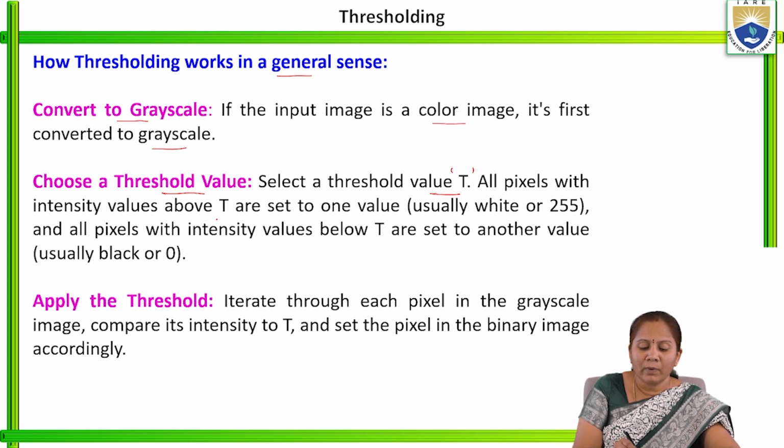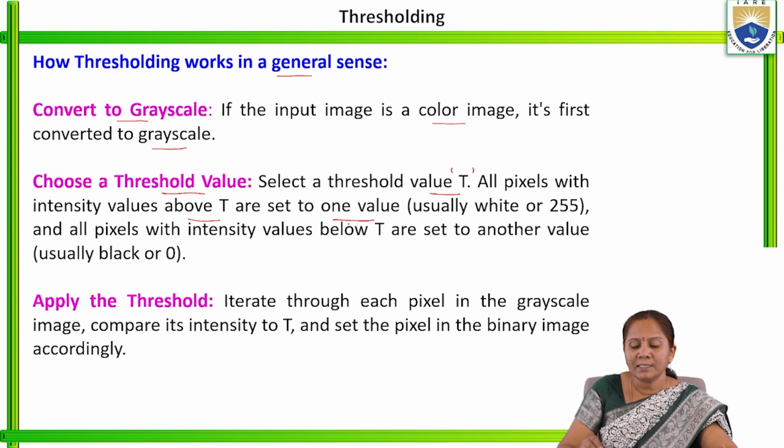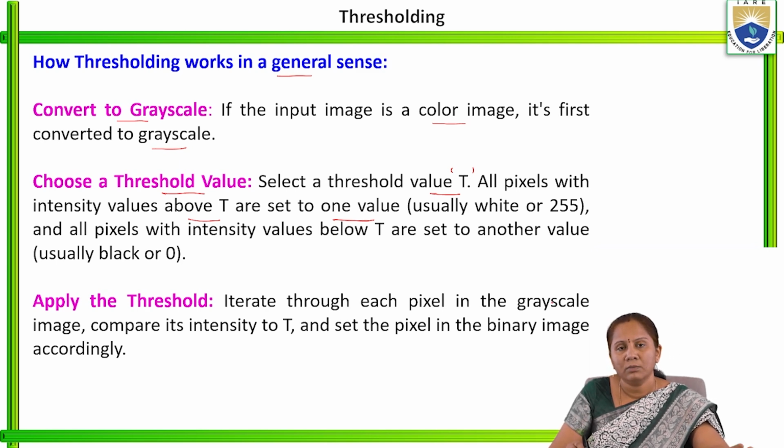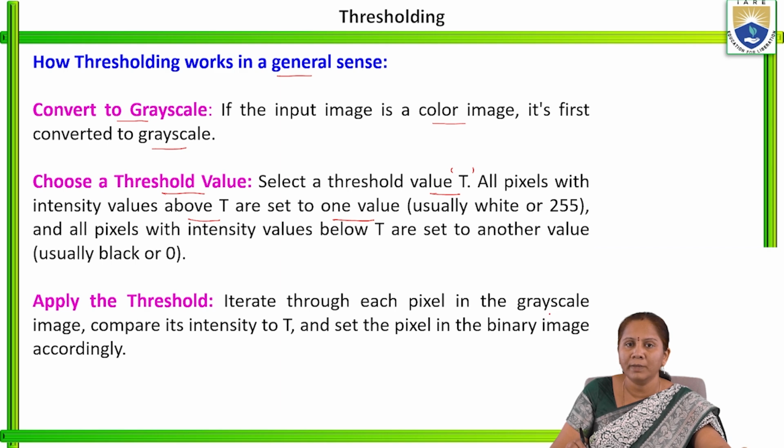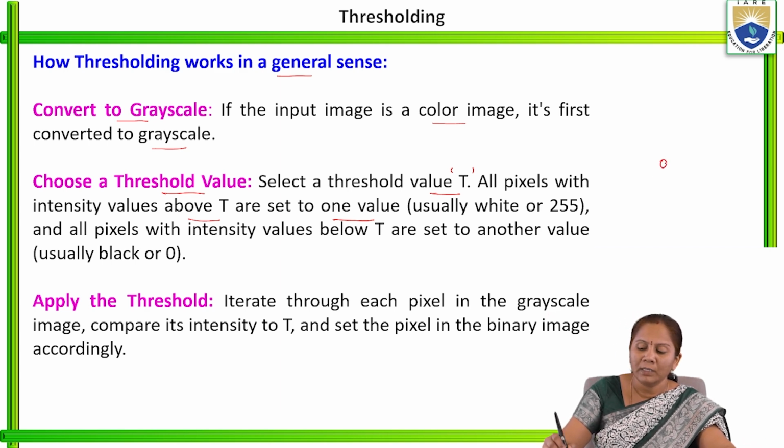All the pixel values should be compared with the threshold value. Some pixel values may be above the threshold value, and some below. Generally we go with binary images, meaning only two representations: 0 or 255.